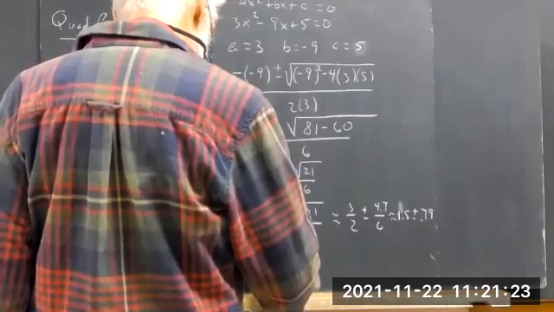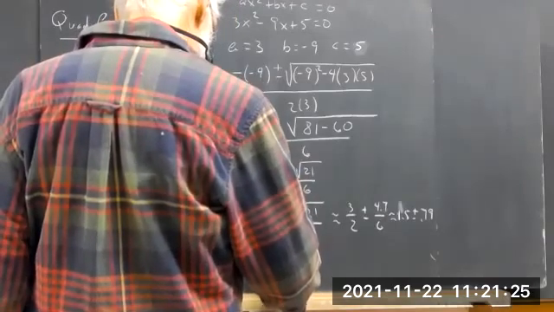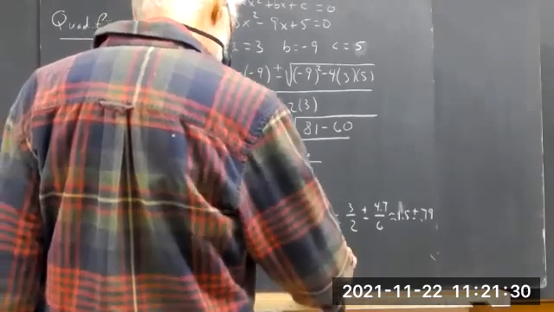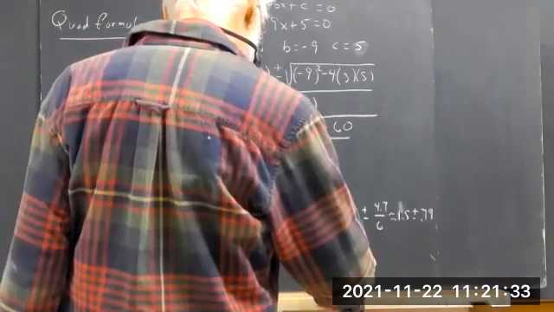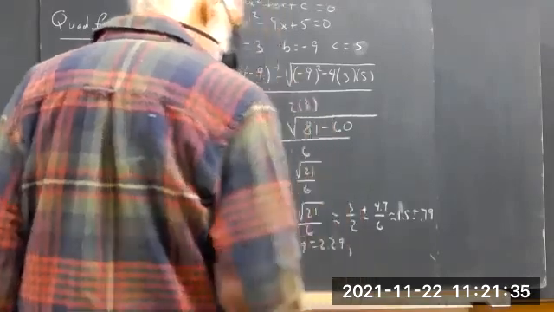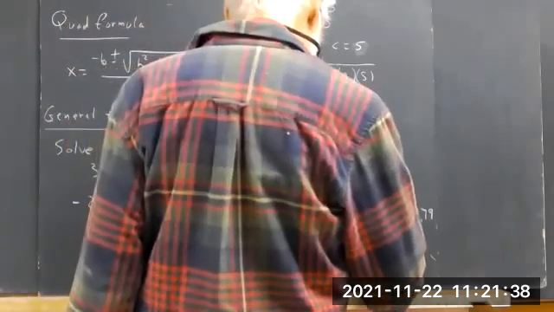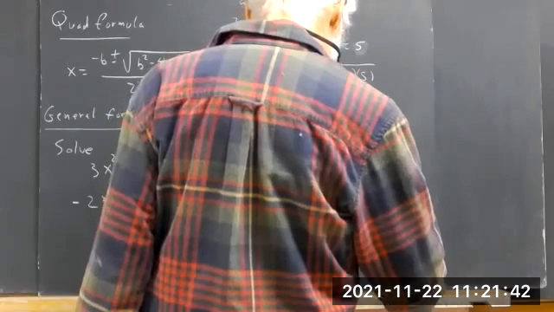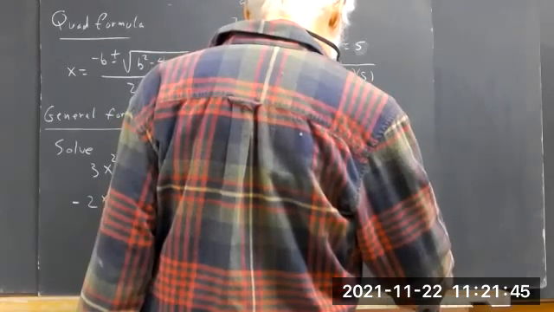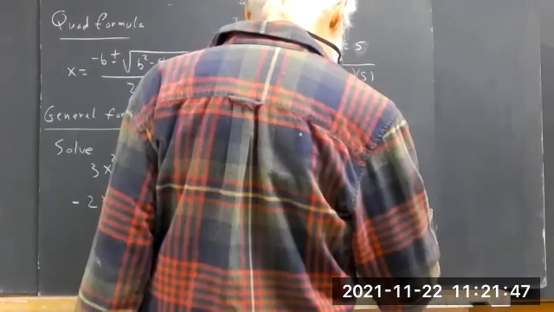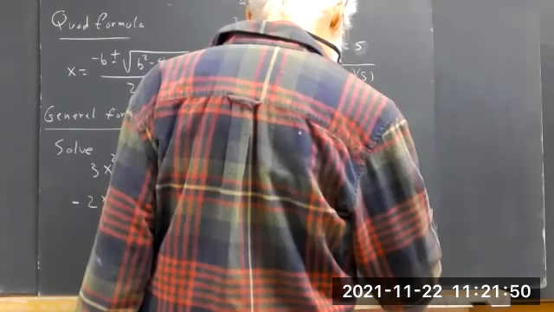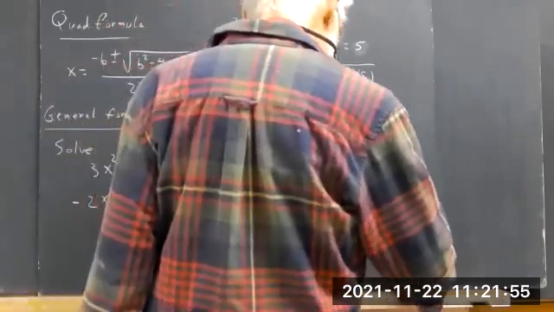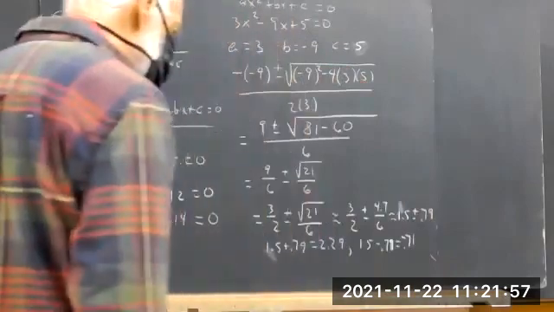That would be 1.5 plus 0.79 equals 2.29. And 1.5 minus 0.79 is 0.71, so the other solution is approximately 0.71.